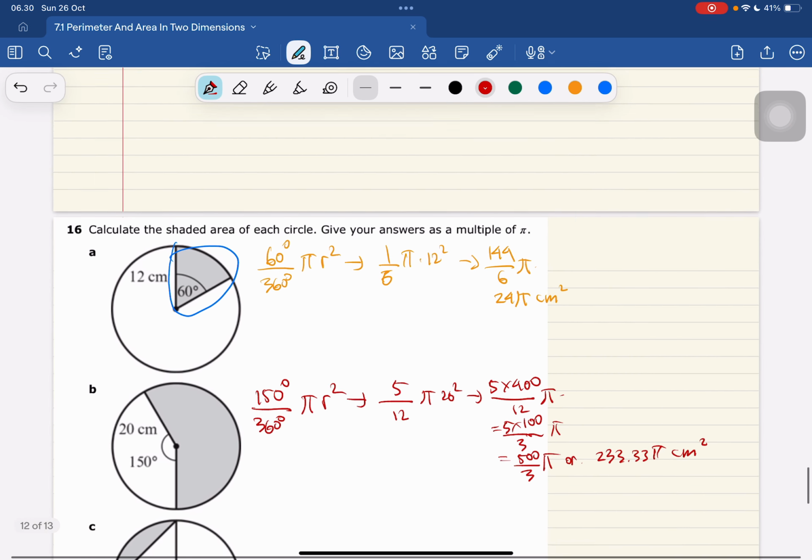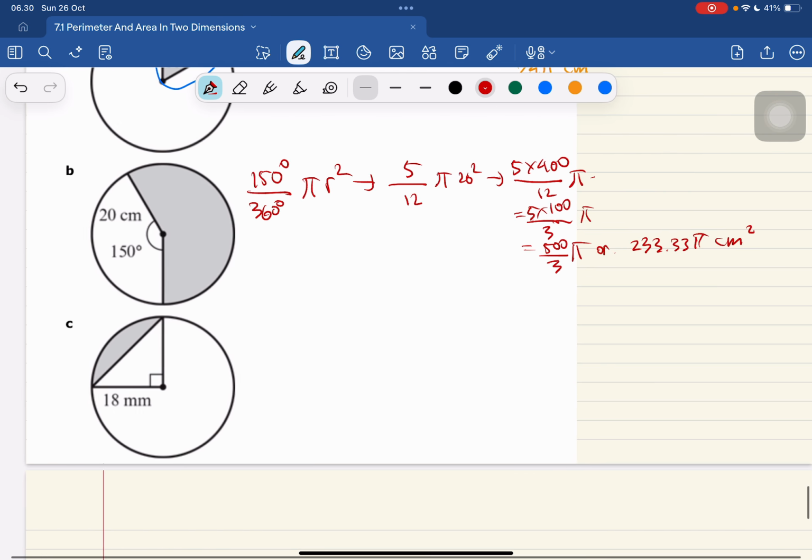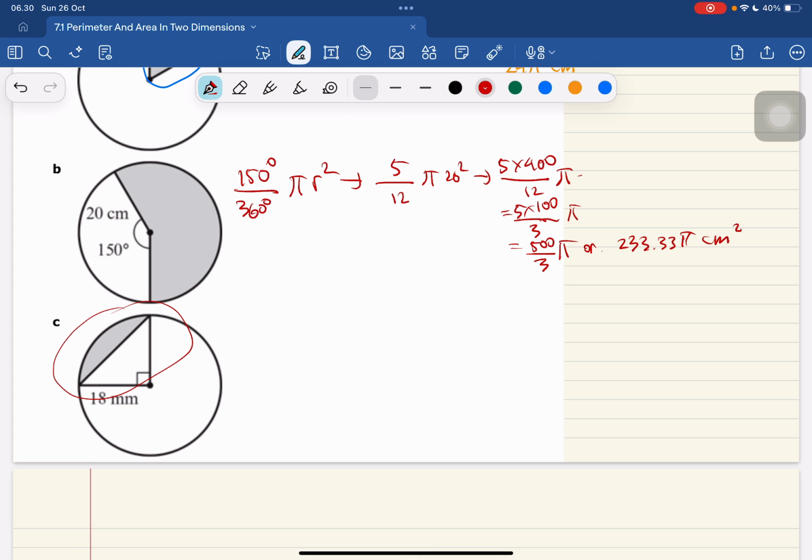Now is the C. Find the shaded area. So first, let us find this arc of 90 over 360 degrees, pi r squared. So this is going to be 1/4 pi 18 squared. So we need to find what is 18 squared. It's going to be 324 divided by 4 and then pi.